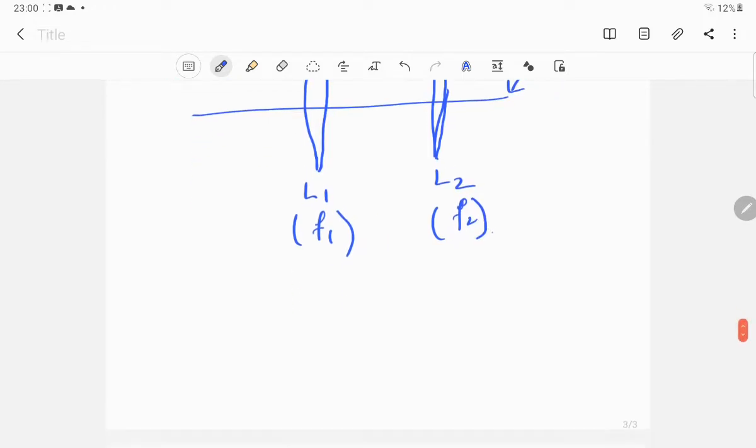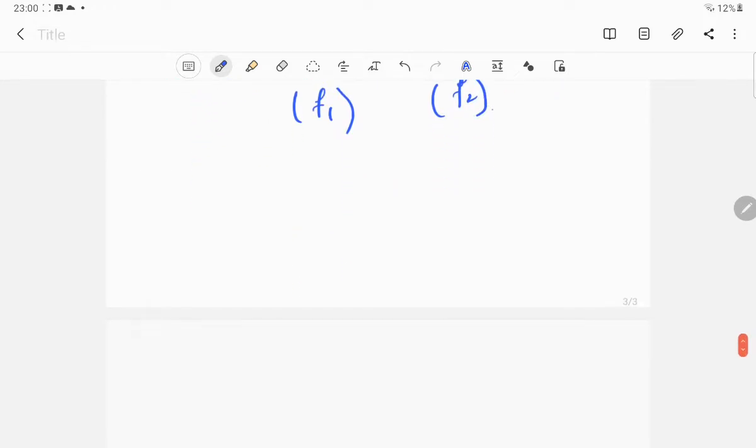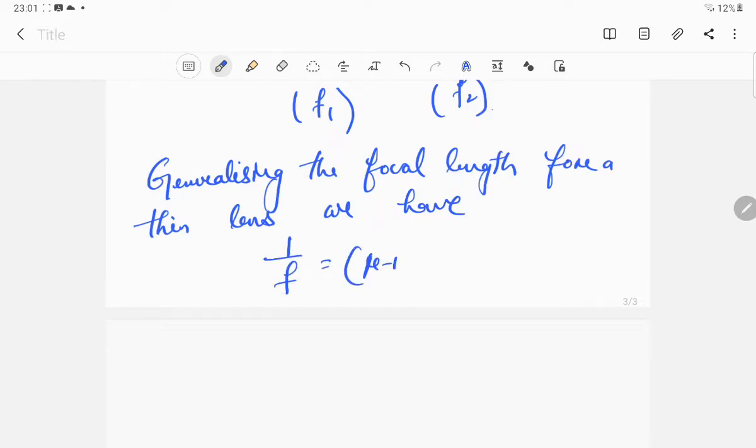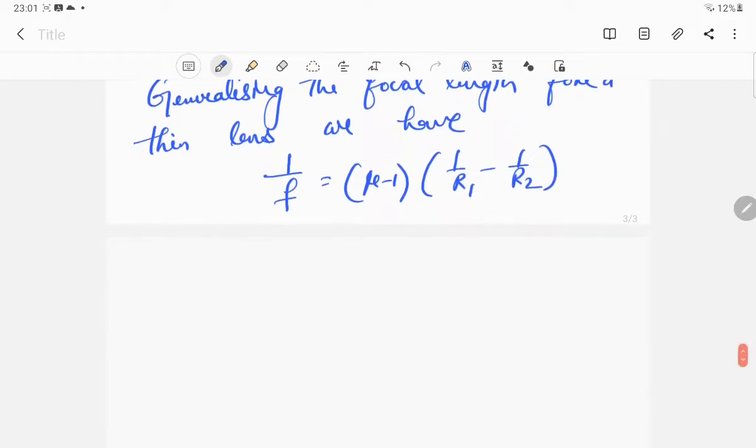Let me first of all generalize the focal length for a thin lens. We have 1/f = (mu - 1)(1/r1 - 1/r2).